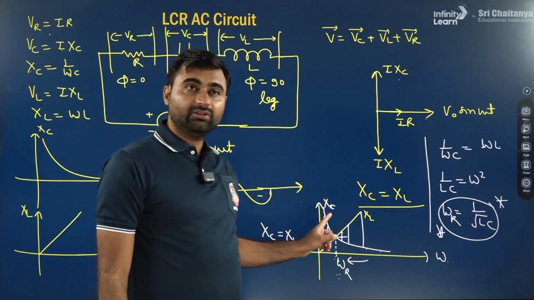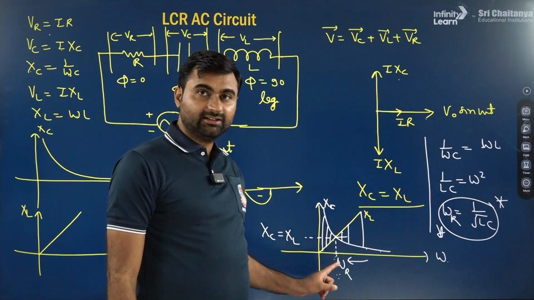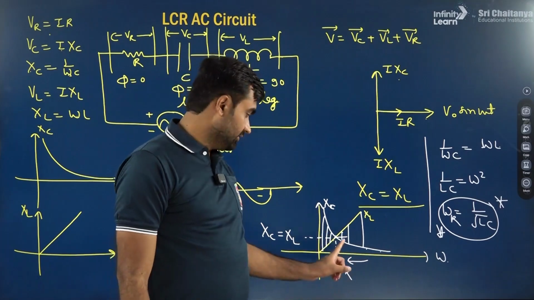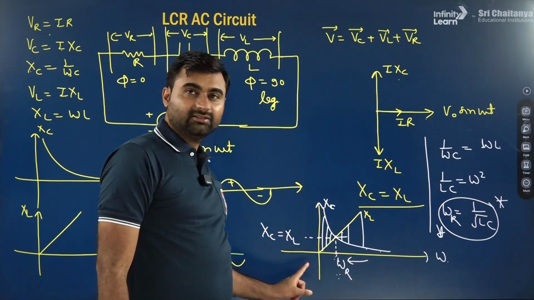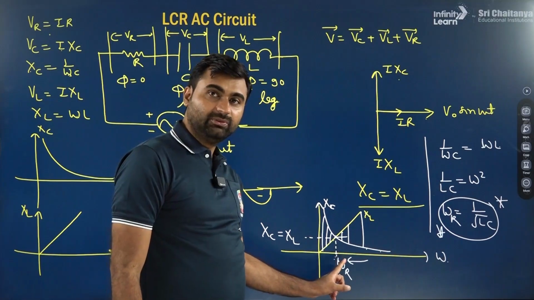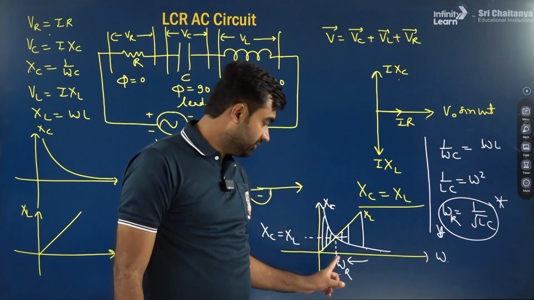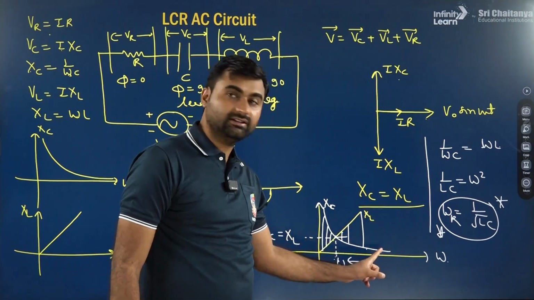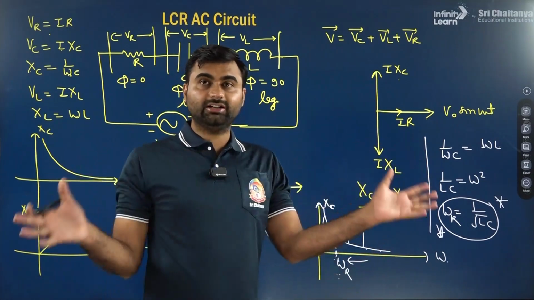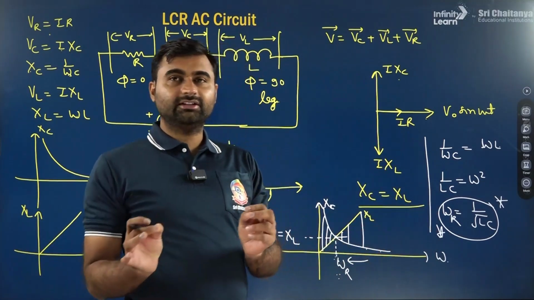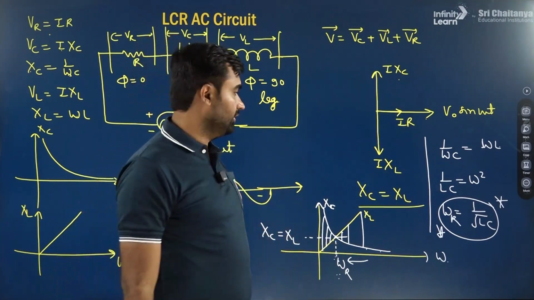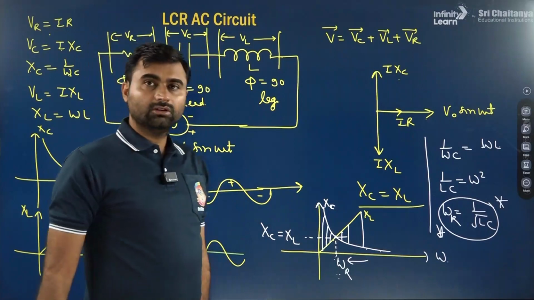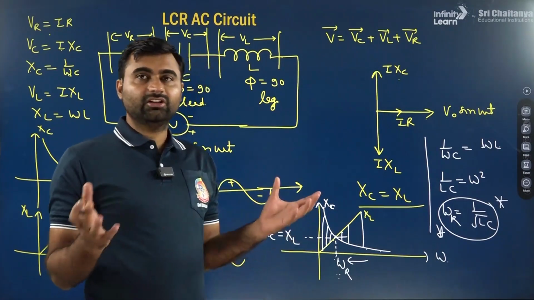The difference between XC and XL increases as frequency decreases, and as frequency increases beyond resonating frequency, the difference between XL and XC increases, meaning on both sides the difference between XC and XL increases. Okay.